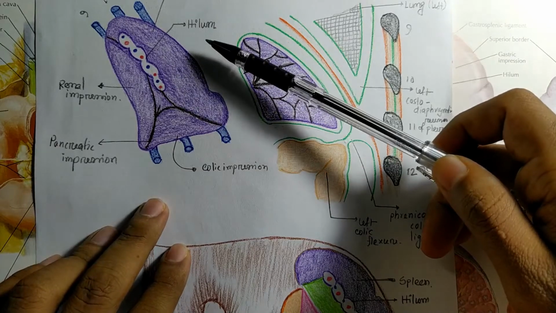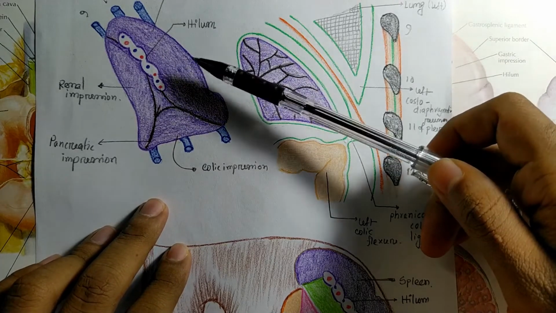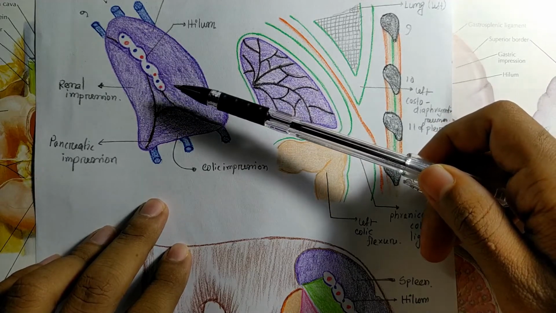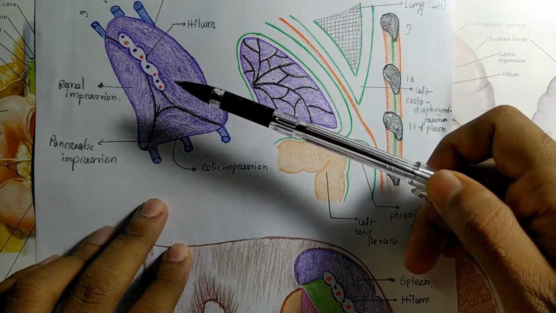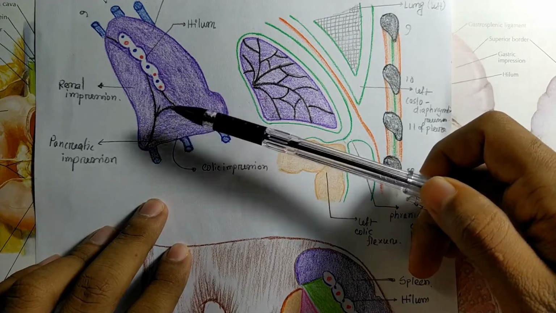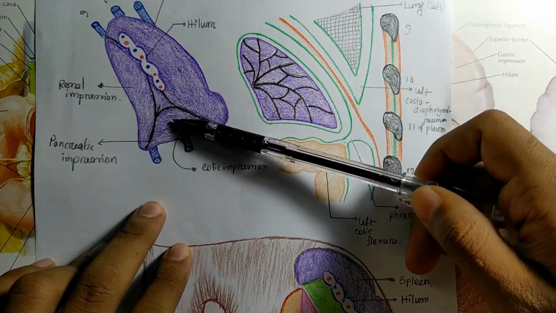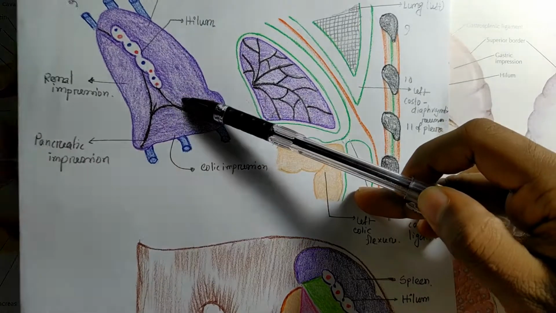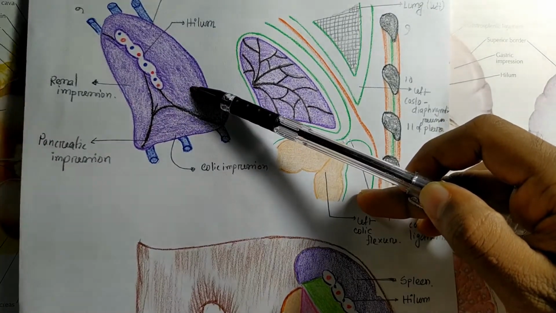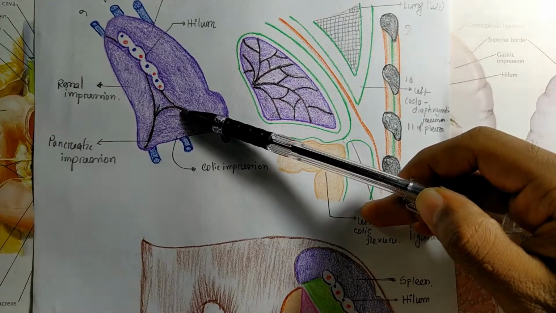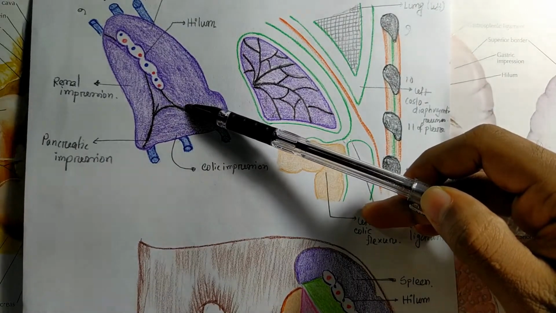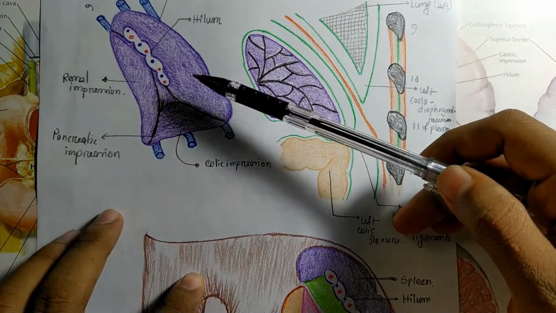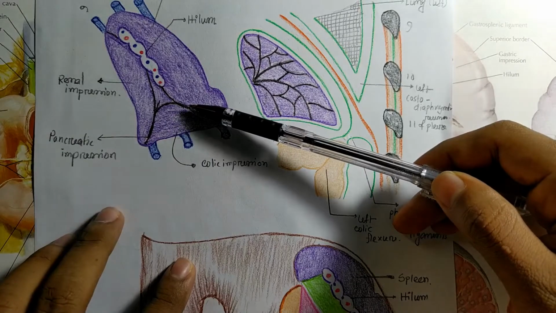But later in life, in adult life, the spleen acts as a reticuloendothelial system. That means the spleen can destroy RBCs or erythrocytes when the time comes. After 120 days, each erythrocyte will be destroyed by the spleen, because the spleen has mononuclear phagocytic cells that can destroy defective or aged RBCs.